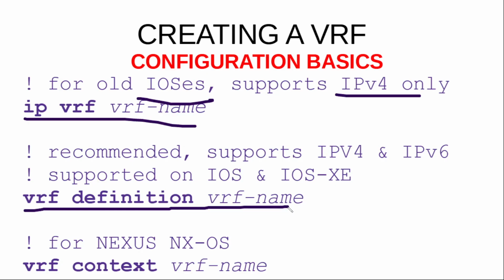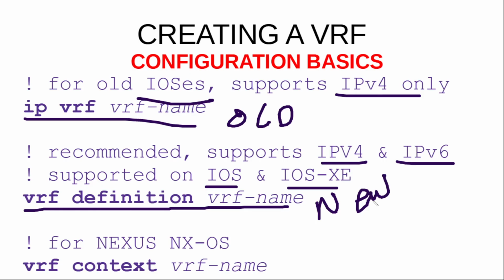This new command is supported on recent IOS and IOS XEs, and it supports IPv4 and IPv6 address families. So this is old, and this is the new way of doing it. If you're configuring Nexus, you will use the command vrf context.